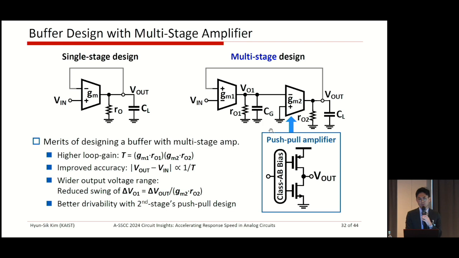And also the VO1 node voltage swing amplitude can be minimized by a factor of the second stage gain, GM2RO2. Therefore, we can minimize the voltage swing at the first stage. And by using this push-pull amplifier, we can achieve a rail-to-rail output at Vout, right? Therefore, the multi-stage design is frequently used.